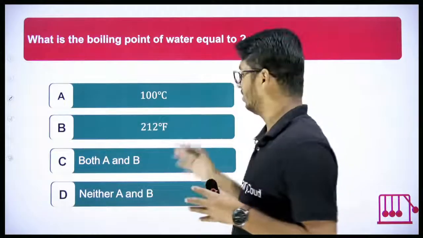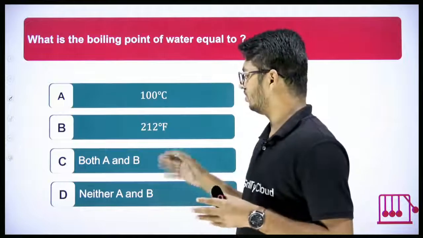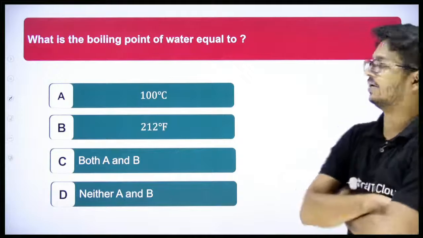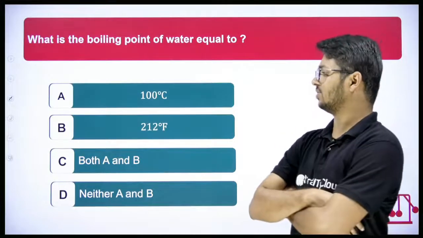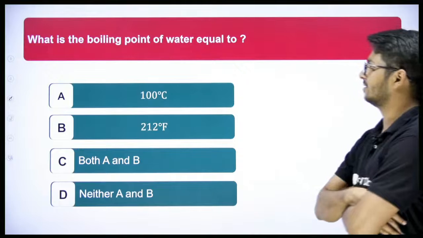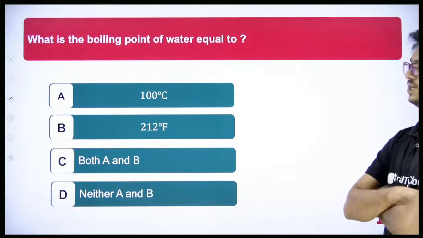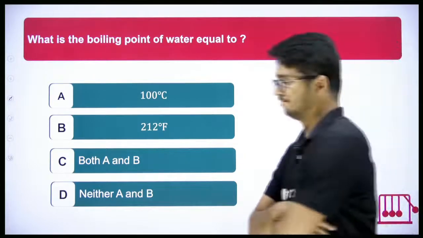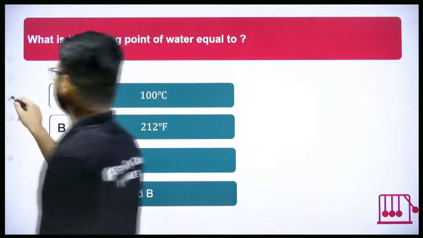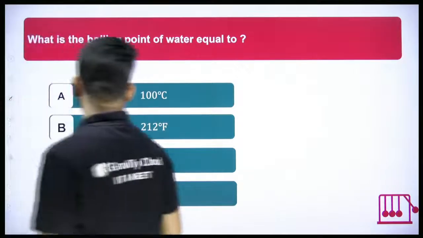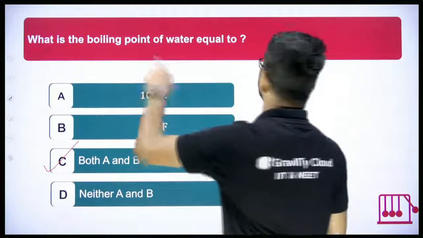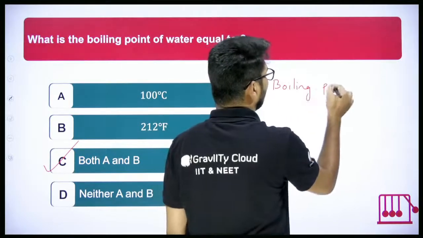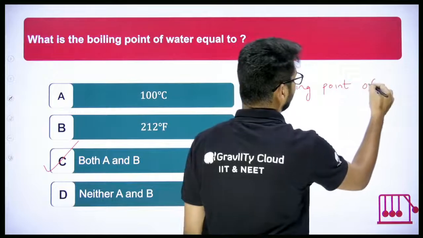Clear? Next question. What is the boiling point of water equal to? 100 degrees Celsius, 212 degrees Fahrenheit, both A and B, neither A nor B. This is an interesting question. What do you think is the answer? Option A, option B, option C and option D. The correct answer is option C, both A and B. See, the boiling point of water has different values in different scales.